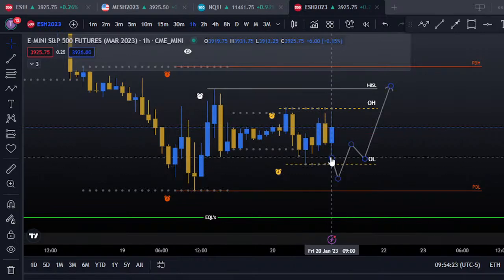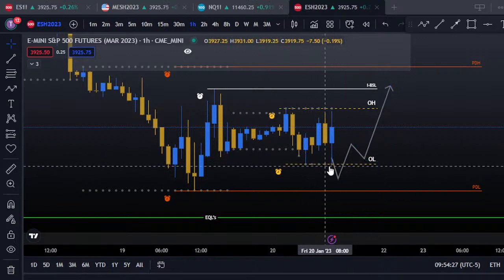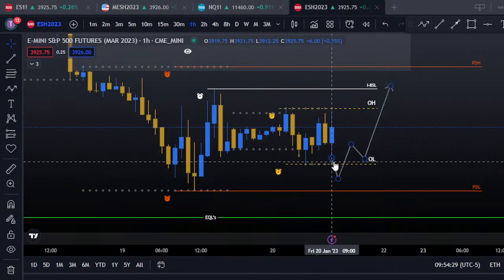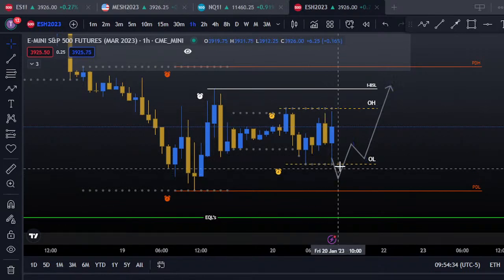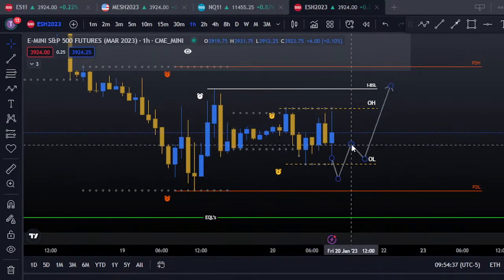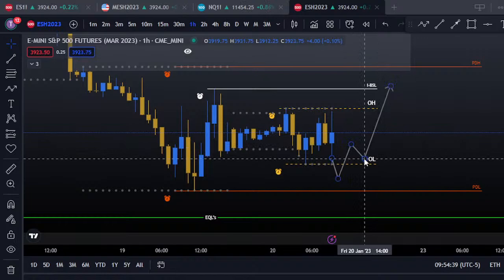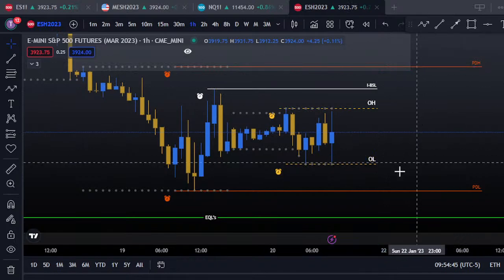How we'd be looking for liquidity to get taken: come down, violate these swings with these little relative equal lows. So it could be a place price could come right with news. Take that out, come back up, break market structure, come back down, test that structure that it just broke, and then go in the direction.